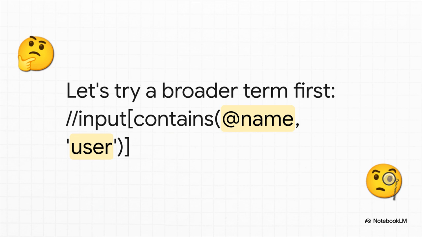I mean, the word user is also in that name attribute, right? So let's try writing an XPath for an input tag where the name contains the word user. We pop that into the inspector and yikes, we get 8 results back. That is not going to work. Our script would have no idea which of those 8 fields it's supposed to type in. It's just not unique enough.